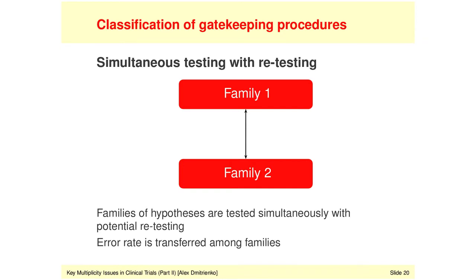The last example of testing strategies that could be envisioned in phase 3 clinical trials would be a simultaneous testing strategy with retesting. In this case, as indicated in the diagram, families 1 and 2 would be tested simultaneously, and if certain hypotheses are not rejected within each one of the families, there is an option to transfer the alpha back and forth between families 1 and 2.